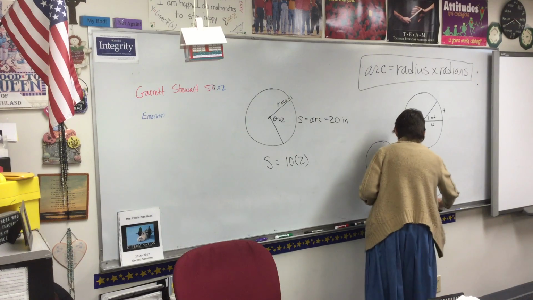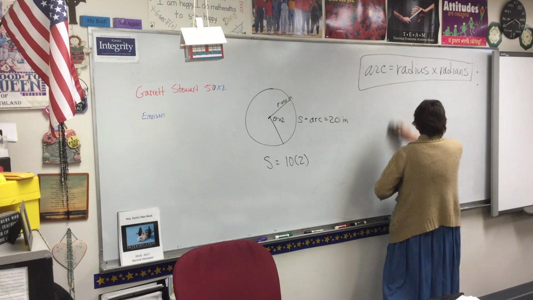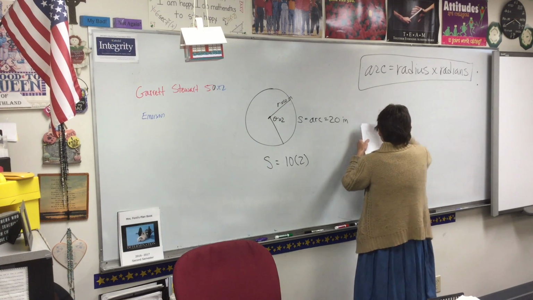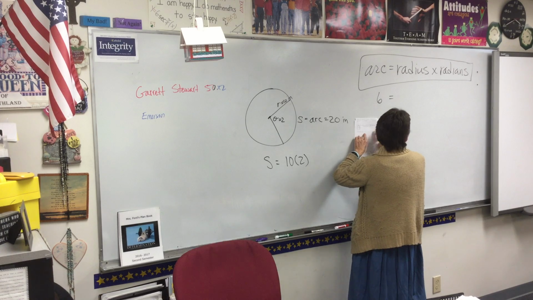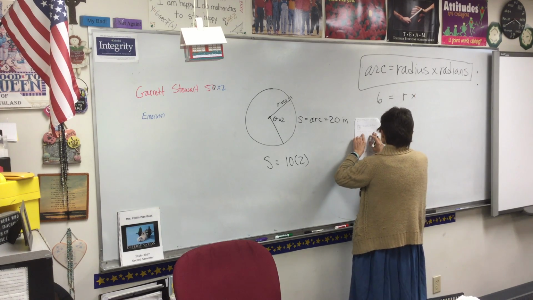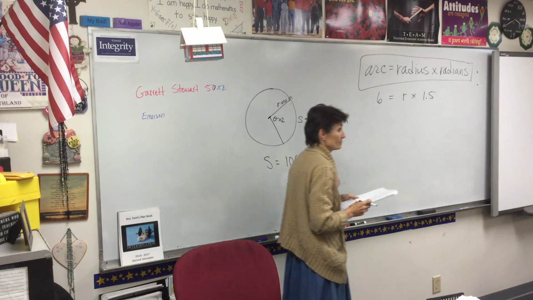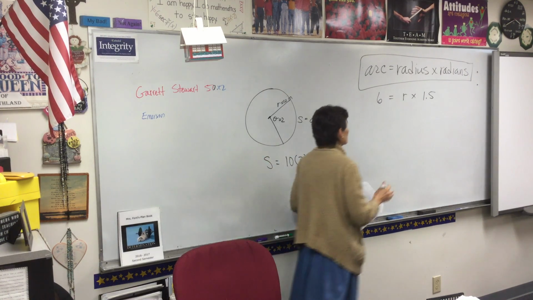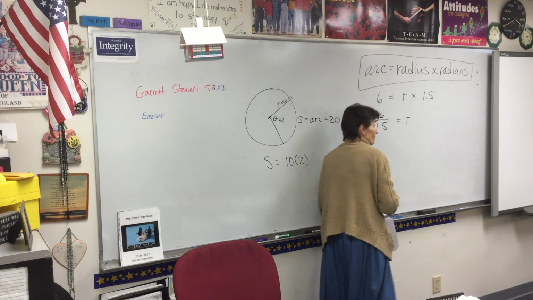All right, what about the next one? Use this formula. In the next one, the arc length is 6. I don't know the radius, but theta is 1.5. So I'm going to divide 6 by 1.5.